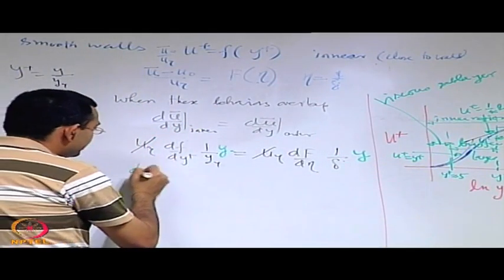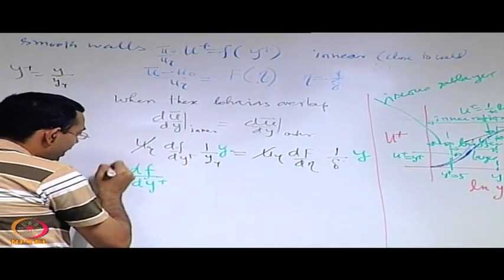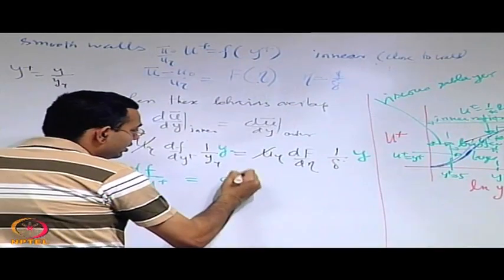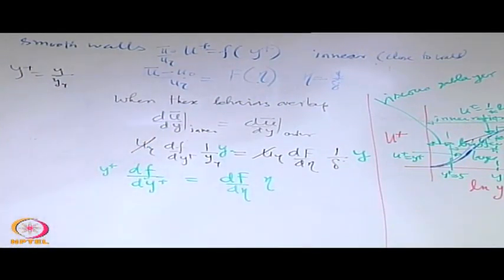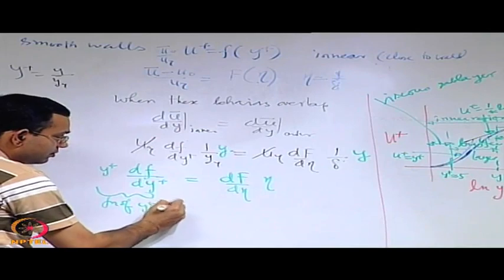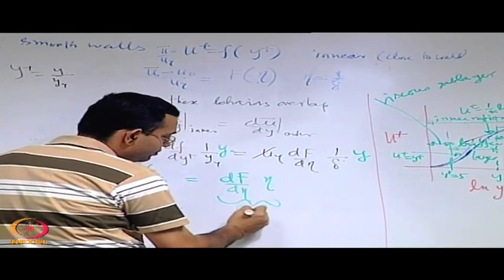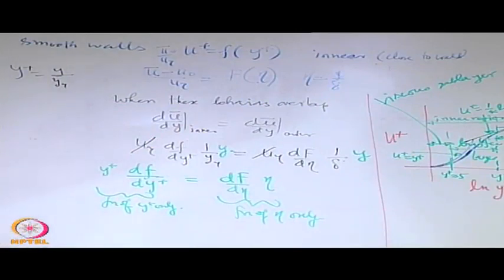So what you get is df/dy plus into y plus is equal to df/d eta into eta, right. Look at this form: this is a function of y plus only and this is a function of eta only. Eta and y plus are two different variables; y plus is the inner variable and eta is the outer variable.